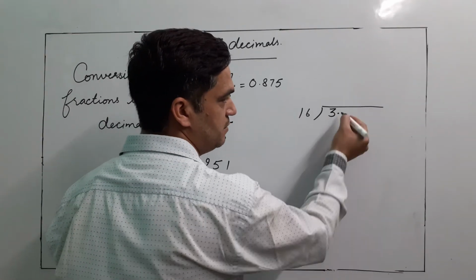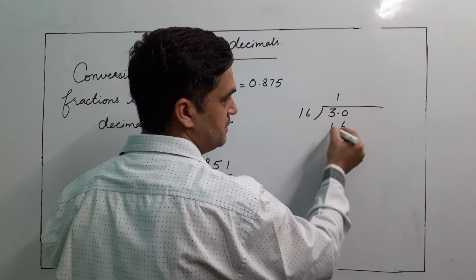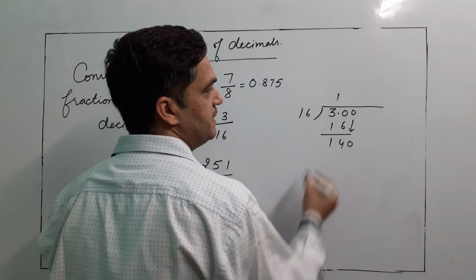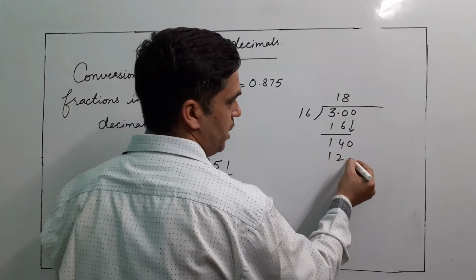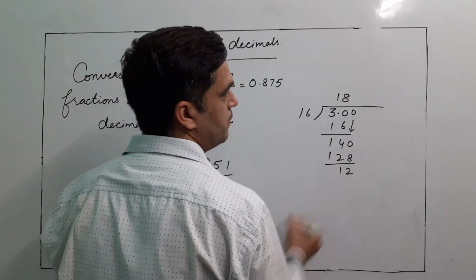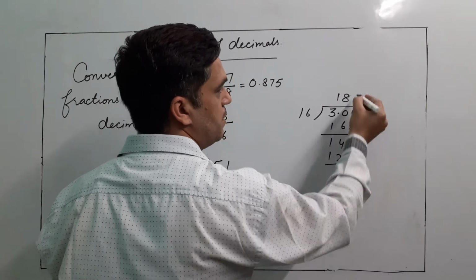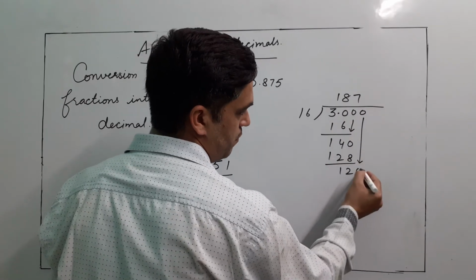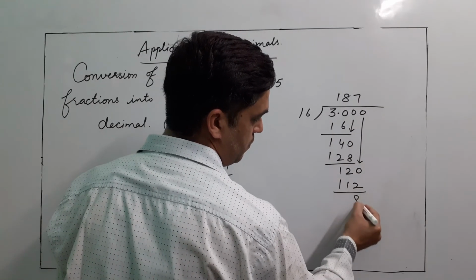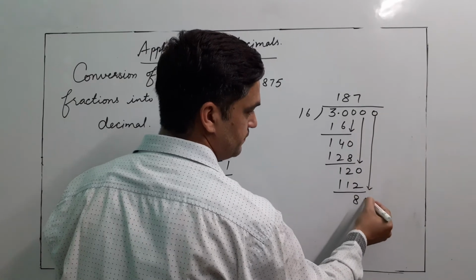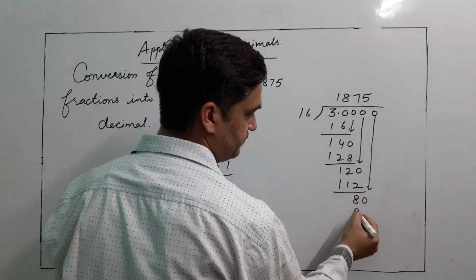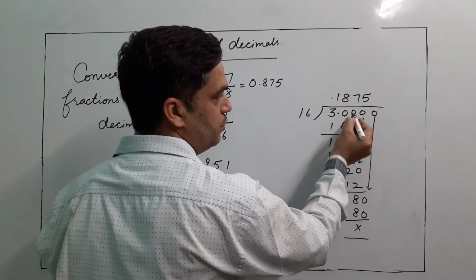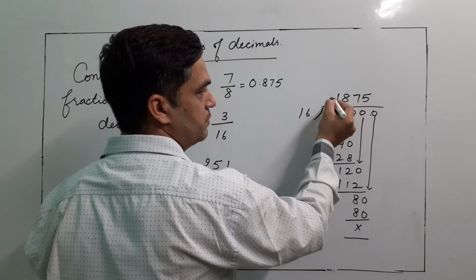So put the decimal, 0. 16 ones are 16, remainder is 14. 16 eights are 128. Next is 16 eights are 128, 16 sevens are 112. Next is 5. Count the digits: 1 2 3 4, 1 2 3 4.